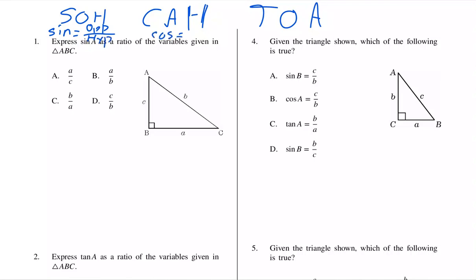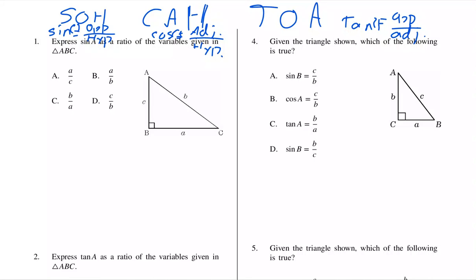Cosine equals adjacent over hypotenuse. And tangent equals opposite over adjacent. And you have to remember that your angle goes inside with your trig function. So your angle goes right in there.